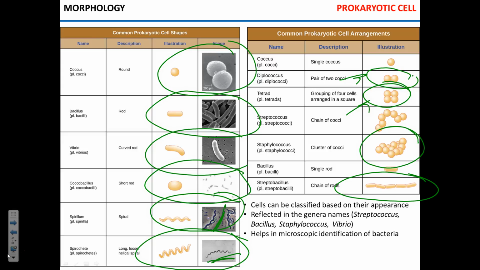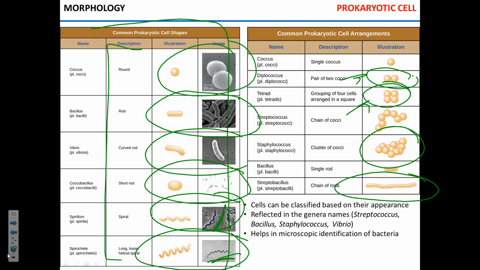So you do have to know the differences between shapes. I'm not asking about examples yet. We didn't cover that many microbial species. But you have to know the definition of a bacillus or a vibrio or a coccus or a spirochete. That make sense?